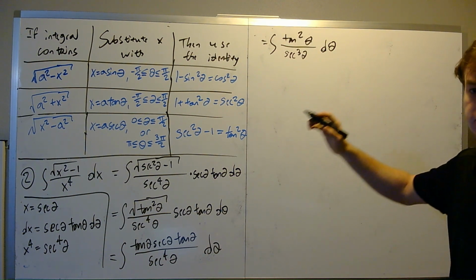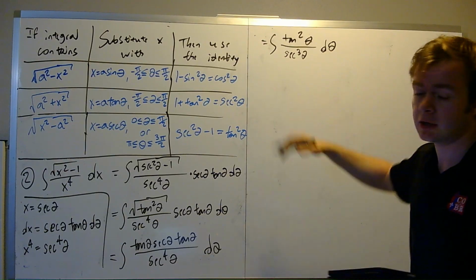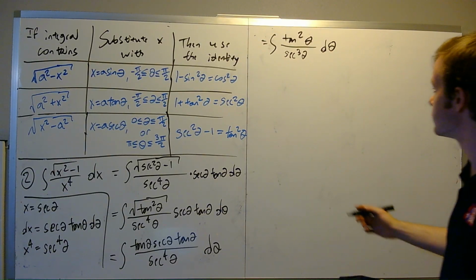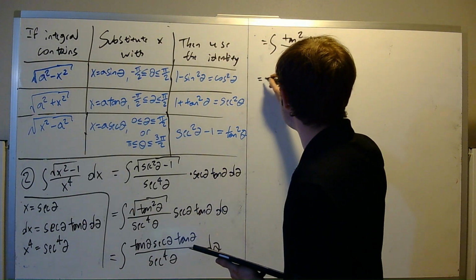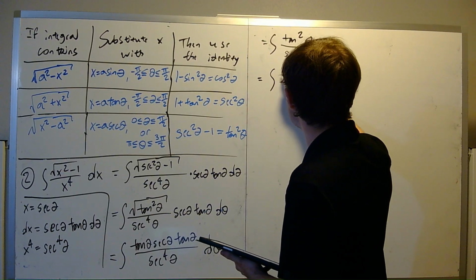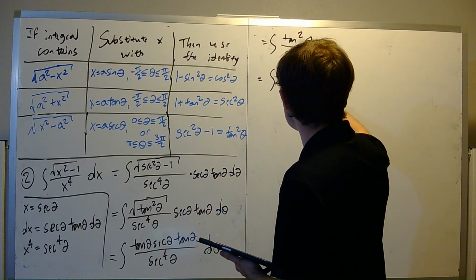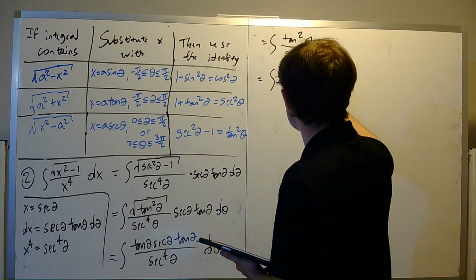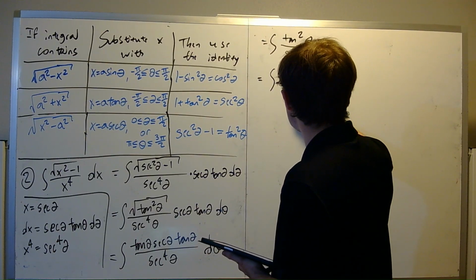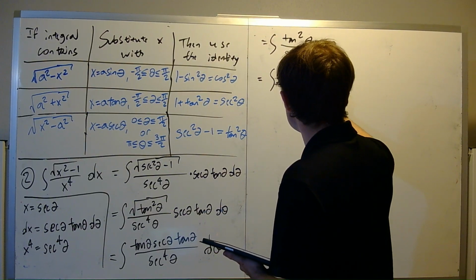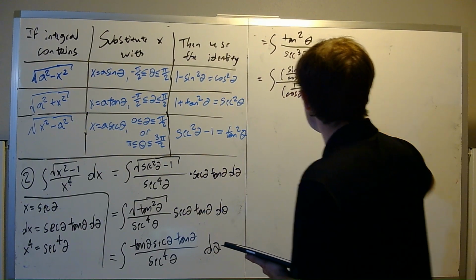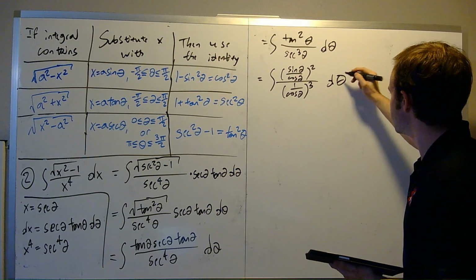That looks kind of complicated, but what we do again is just rewrite this in terms of sines and cosines. So we can rewrite this as the integral of, tangent is the same thing as sine theta over cosine theta, squared, over secant, which is 1 over cosine theta, cubed, d theta. Okay.